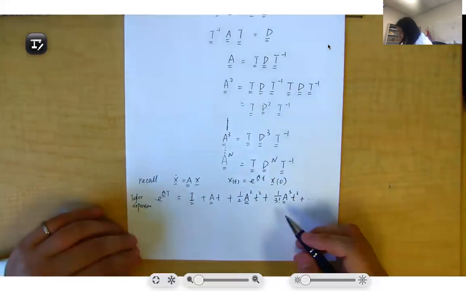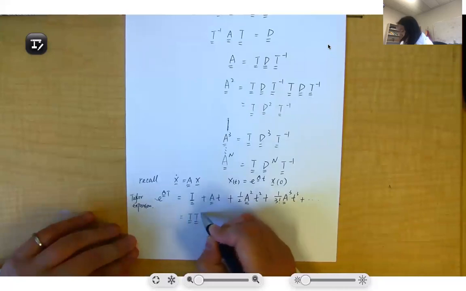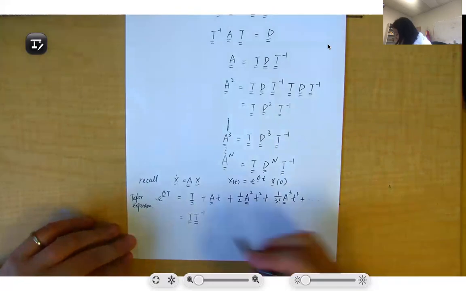Okay, so the identity matrix will be T T inverse.